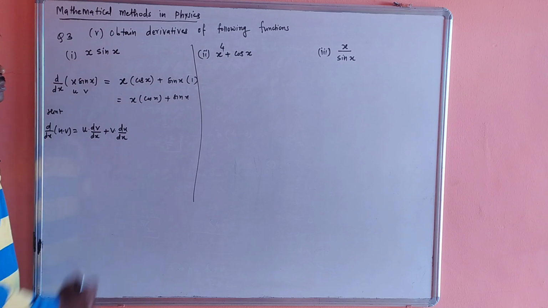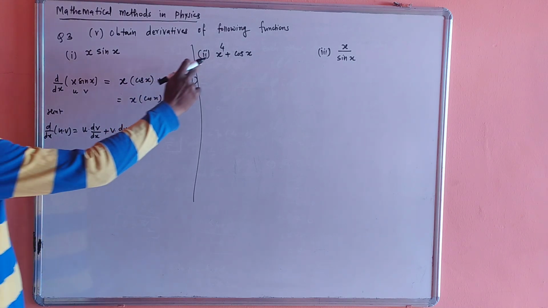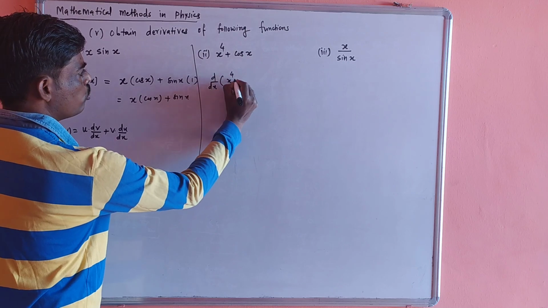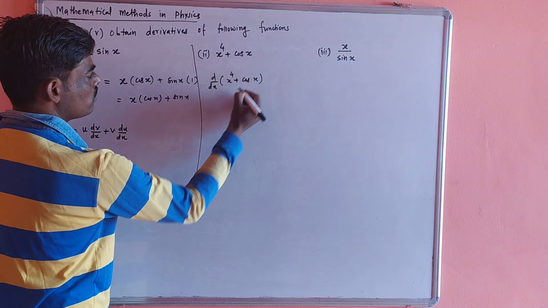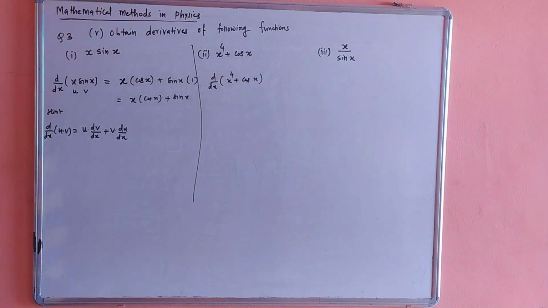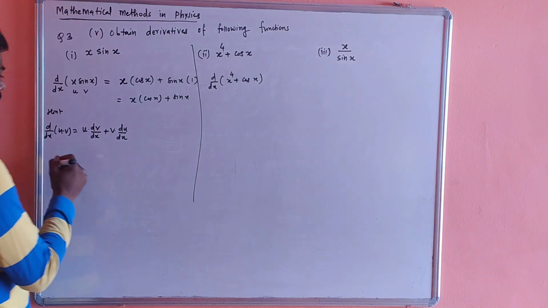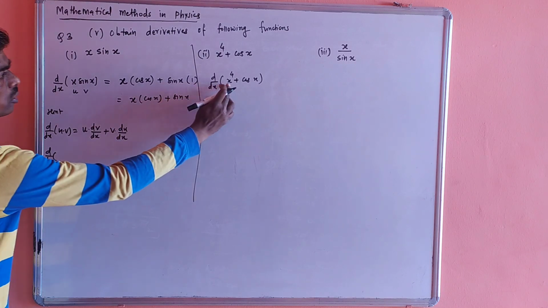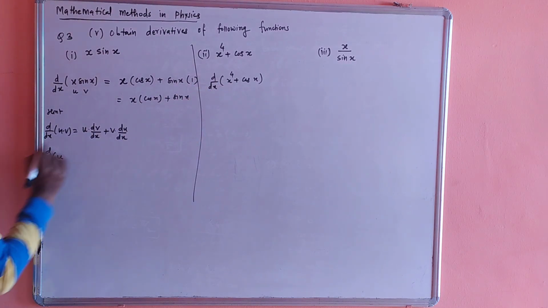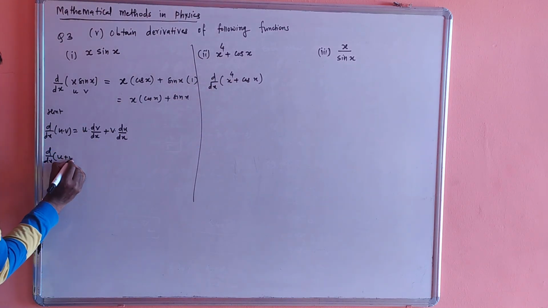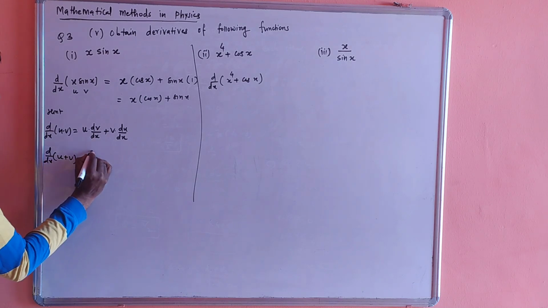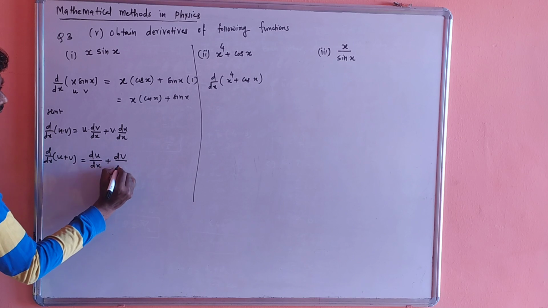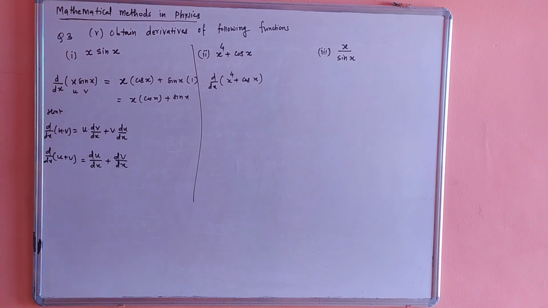Second one, derivative of x raised to power 4 plus cos x. Here, suppose this is the first function u and this is the second function v. So we can write du by dx plus dv by dx.